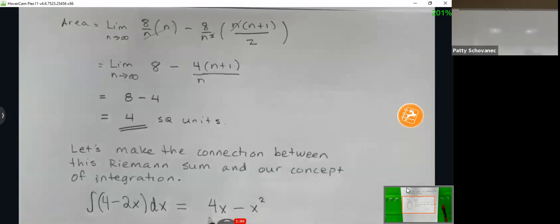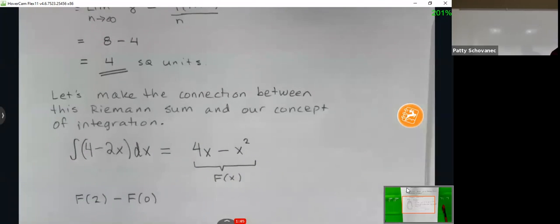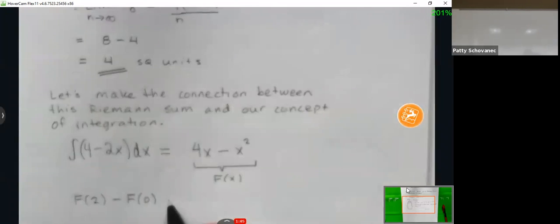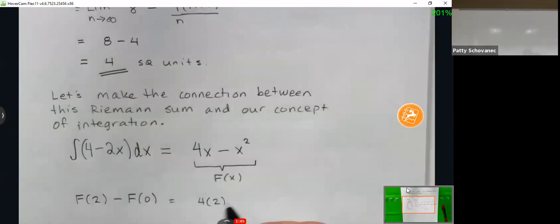Let's call this capital F. Remember, our antiderivatives are capital F. Our two endpoints of this particular interval are where a is 0 and b is 2. So I want you to find F of 2 minus F of 0 for this particular antiderivative. F of 2 is going to be 4 times 2 minus 2 squared.